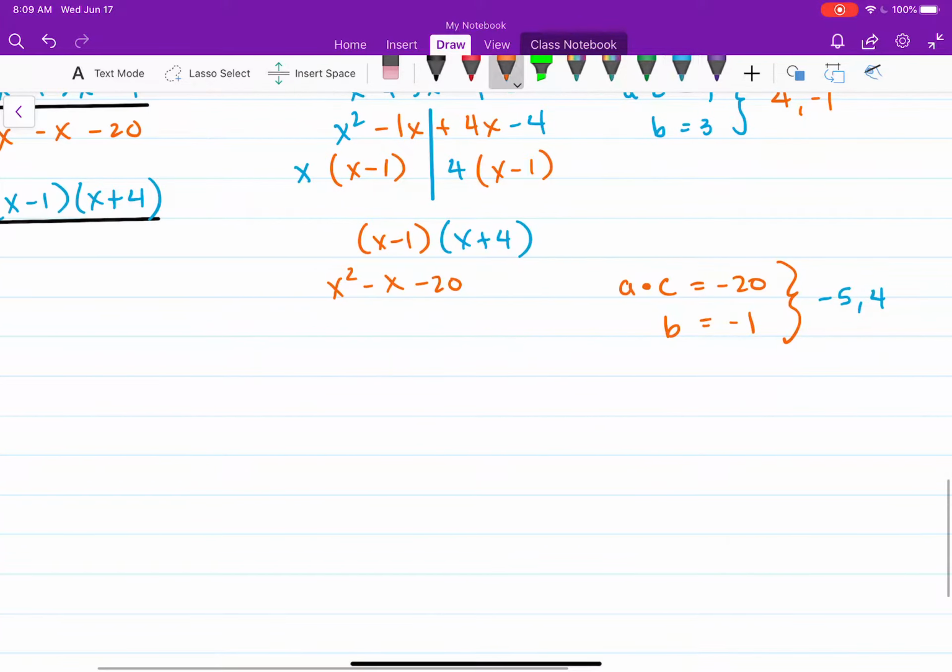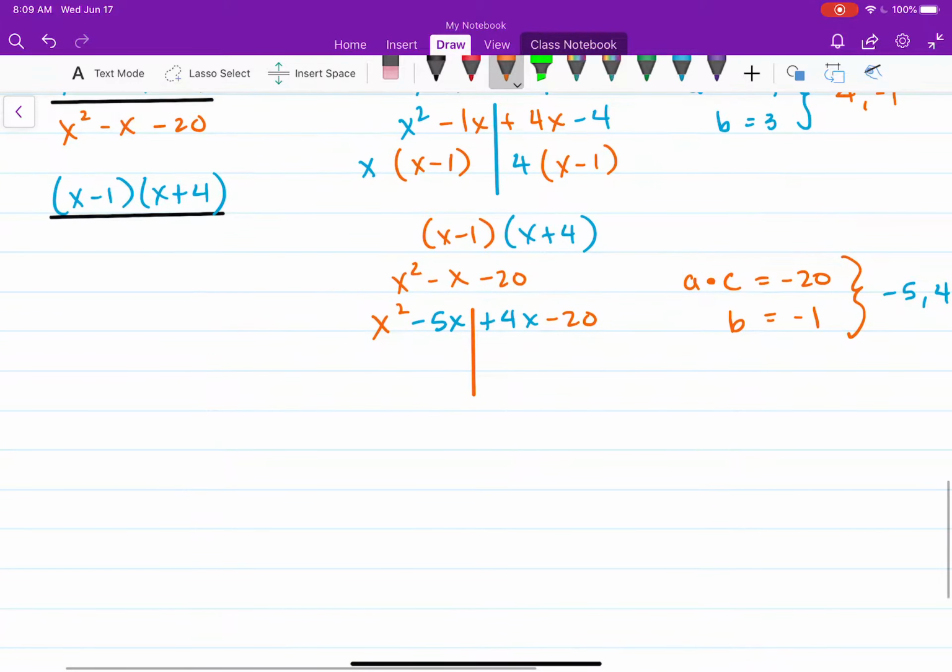So okay, so now I have x squared minus 5x plus 4x minus 20. I'm going to split this down the middle. GCF of the first group is x. Leave me with an x minus 5.